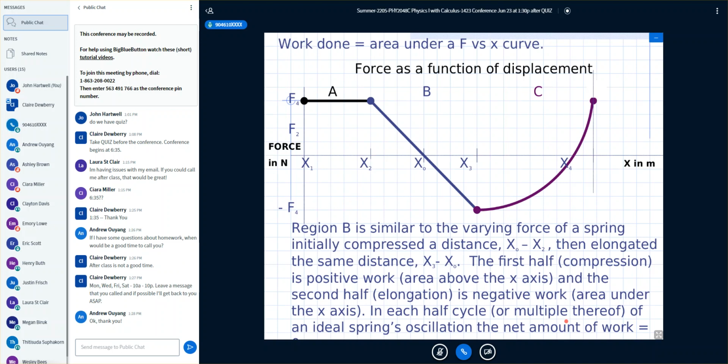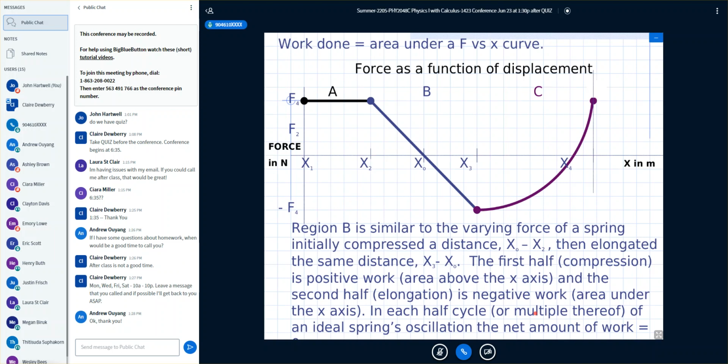So if I were to add the areas under these two triangle curves, 1/2 base times the height, where base is the change in X and height is F, we would find that in each half cycle, in other words, moving from a compression to elongation, which is the bottom of oscillating springs, the net amount of work is 0 for an ideal spring, of course.